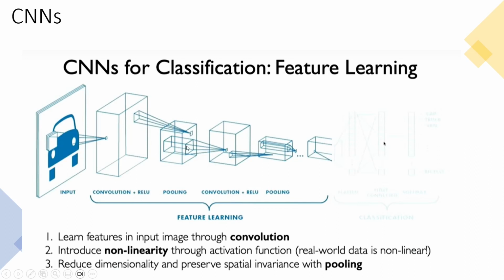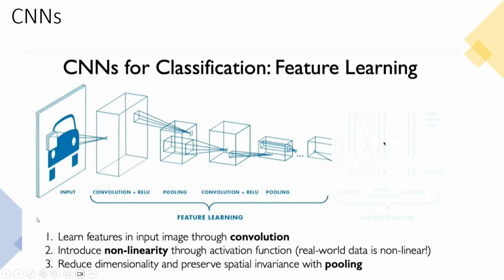Then from this pooled layer, we will have another convolution plus ReLU layer, and another pooling layer, which is going to reduce the dimension of this tensor to this. And it keeps going like this. This is the most basic convolutional neural network for classification. You can basically use this for classification problems. We will be using this for the example at the end of the lecture.